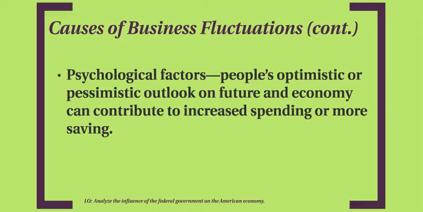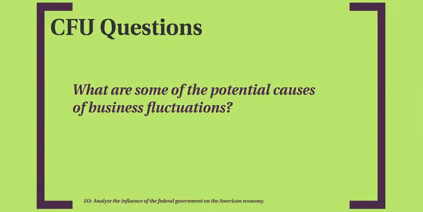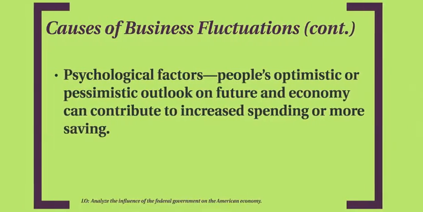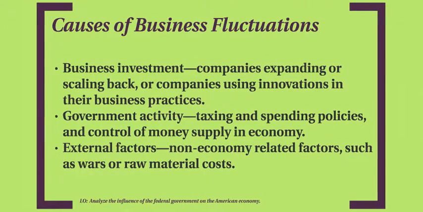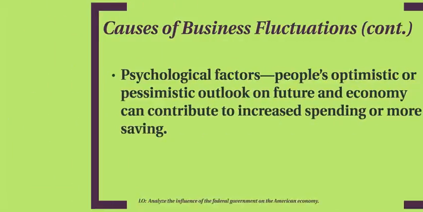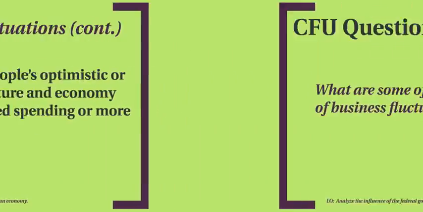So if people try to hang on to their money and save more rather than spend, it can cause a slowdown in the economy and make a recession worse. What are some of the potential causes of business fluctuations? Well, once again, to review, we saw business investment, government activity, external factors, and psychological factors.